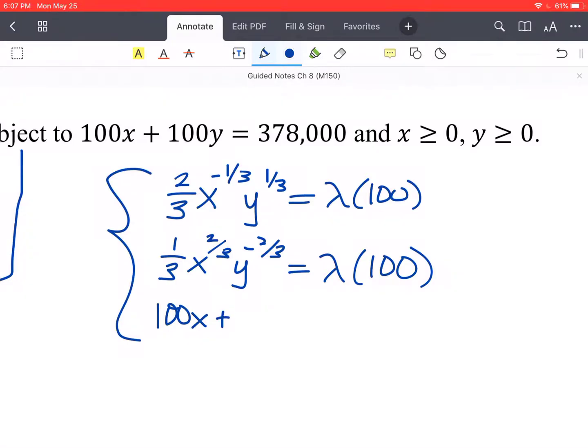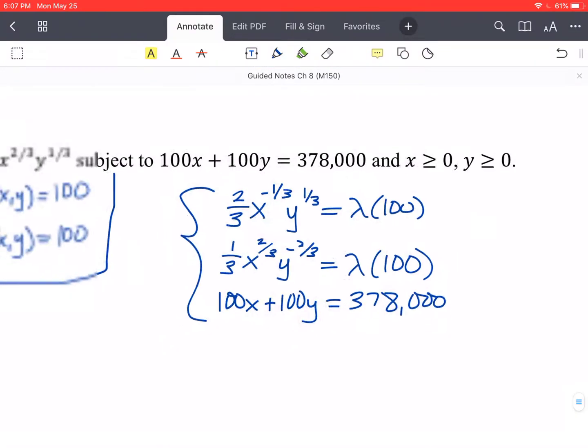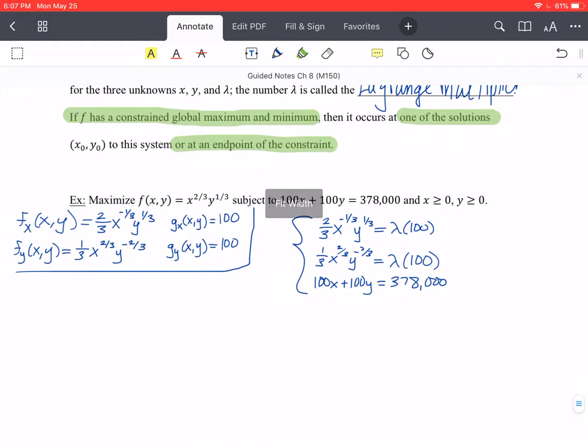And 100x plus 100y equals 378,000. So that's our system of 3 equations. And now we need to solve these for x, y, and possibly lambda.